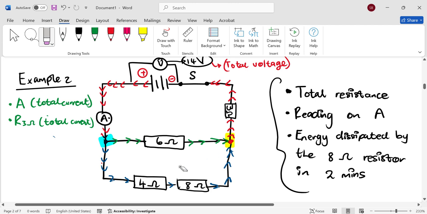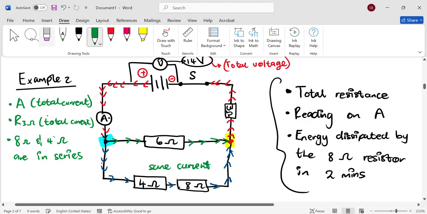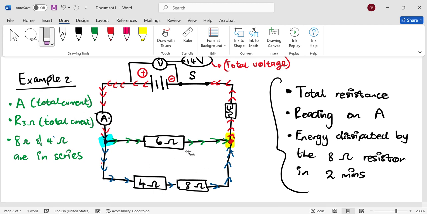That means you can then conclude that the 8 ohm and the 4 ohm resistors are in series with each other. I hope you guys are seeing that. Why? Because they have the same current flowing through them. Right? So the 8 ohm resistor and the 4 ohm resistor are in series.